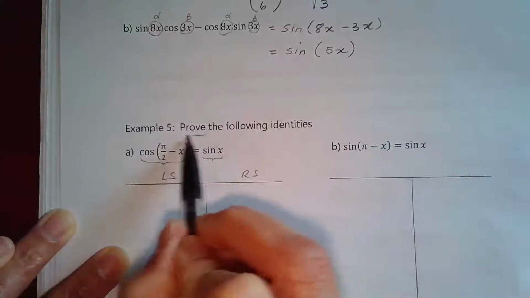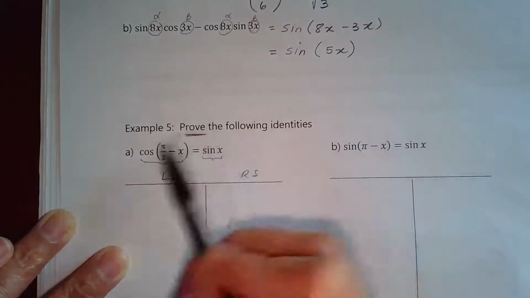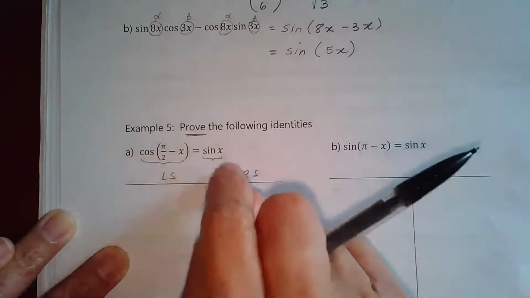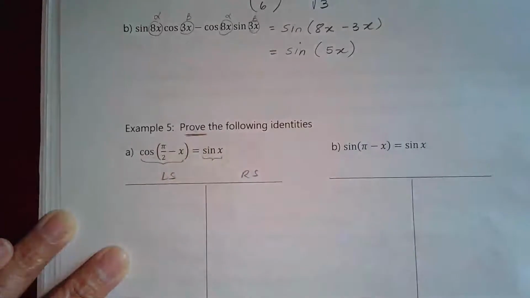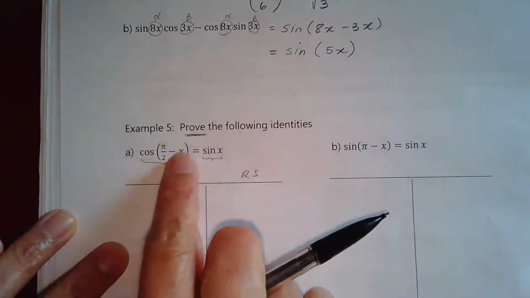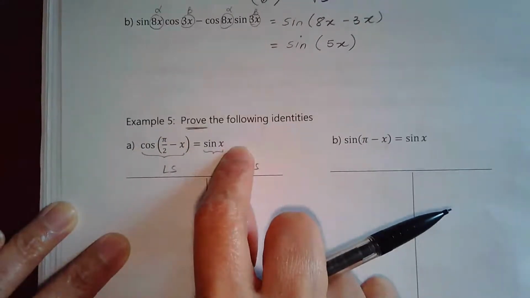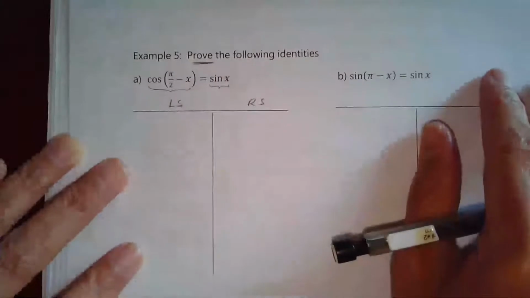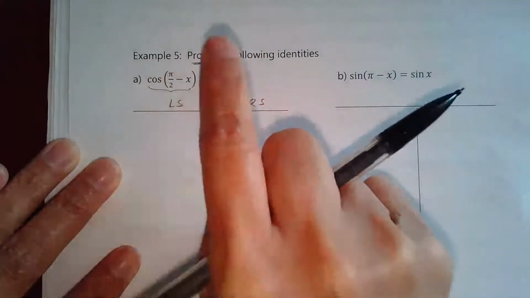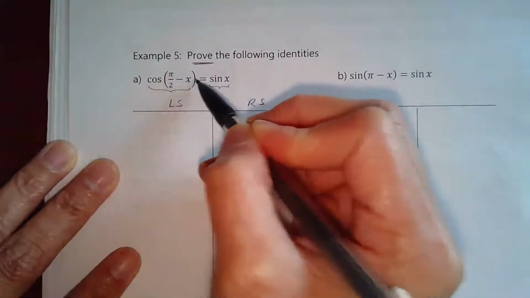Now, because we're proving the identity, we don't want to switch things around, okay? We can't be moving any term on the left side or the right side. We're going to work it out in here and simplify, make sure that the left side is the same thing as the right side, basically. So we're going to start with a complicated one and make it into a simpler one. How do we do that? So cos of pi by 2 minus x.